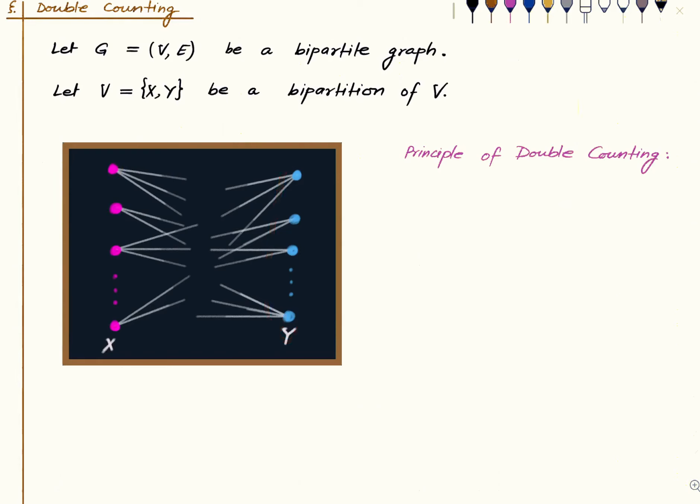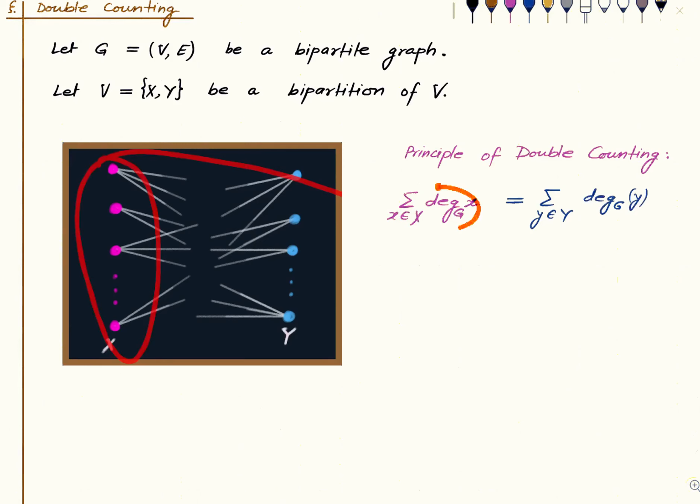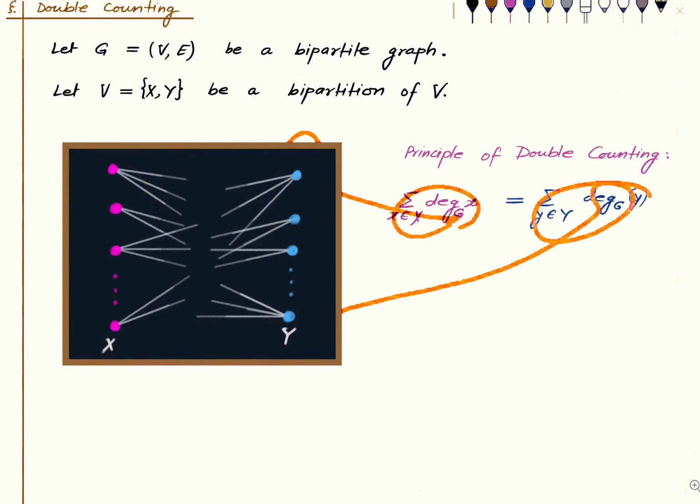So the principle of double counting says that the summation of degree of x on the left side is equal to the summation of degree of y from the right side, right? So this red corresponds to that and blue corresponds to this. That is the principle of double counting.